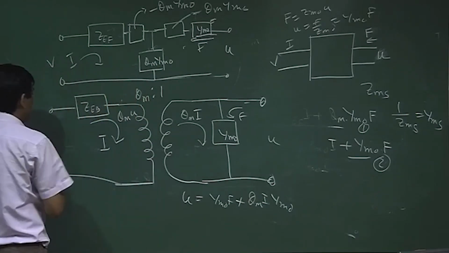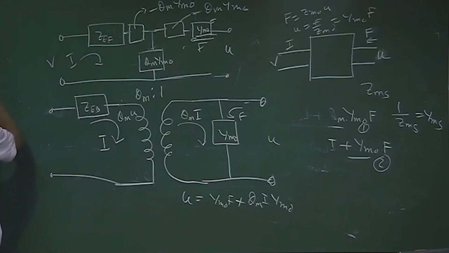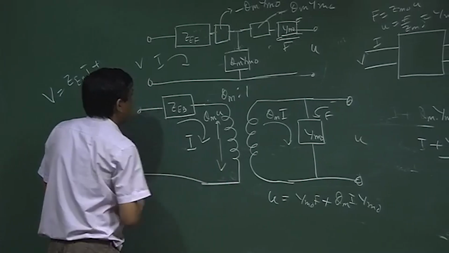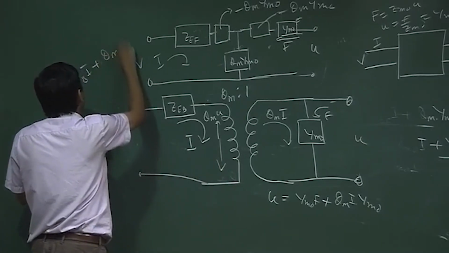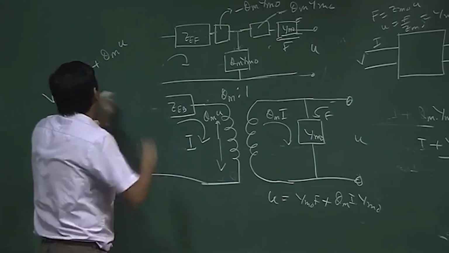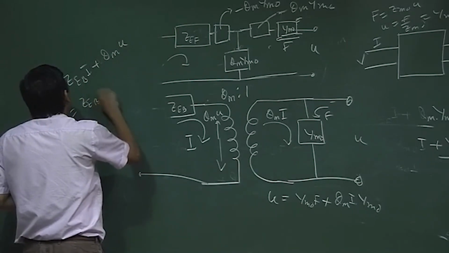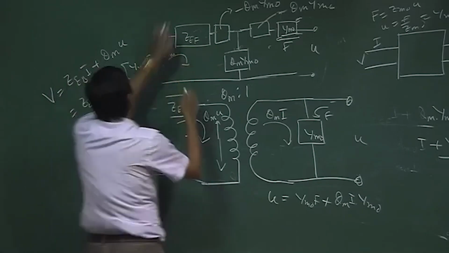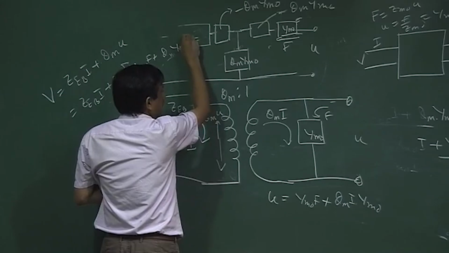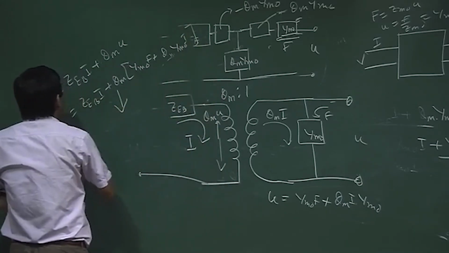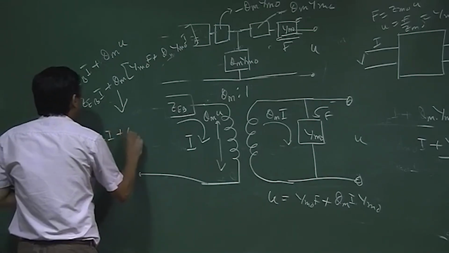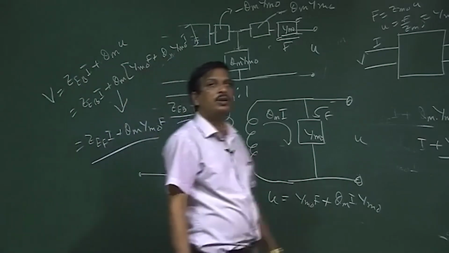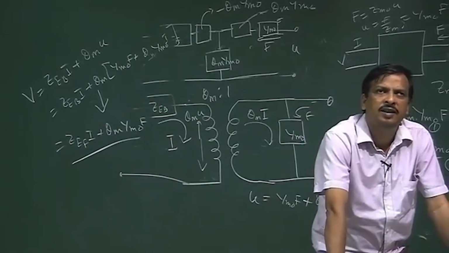Similarly, here V is equal to ZDB into I plus phi m into U. Again, like the reciprocal, put U: V is equal to ZDB into I plus phi m into YMO F plus phi m YMO I. Now, if I simplify this, you will get ZEF into I plus phi m YMO F. The reciprocal equation will come, so I can easily draw the equivalent electrical circuit of that.